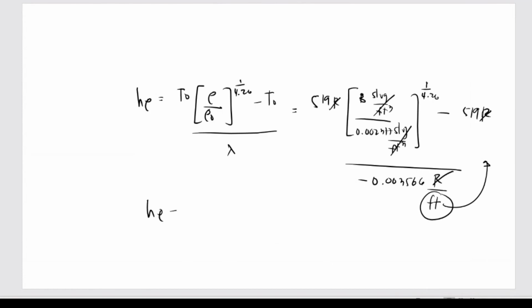So, H sub rho is equal to 519 times the quantity, density over 0.002377, raised to 1 over 4.26, minus 519, over negative 0.003566. So, ang sagot is 16,899.54463 feet.